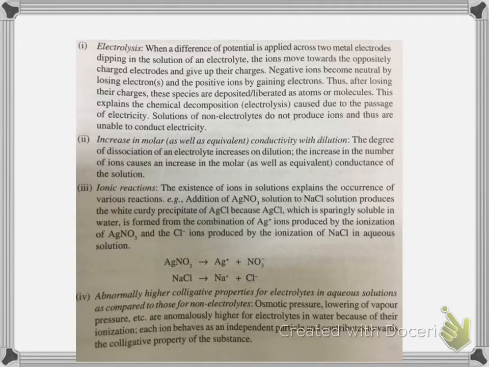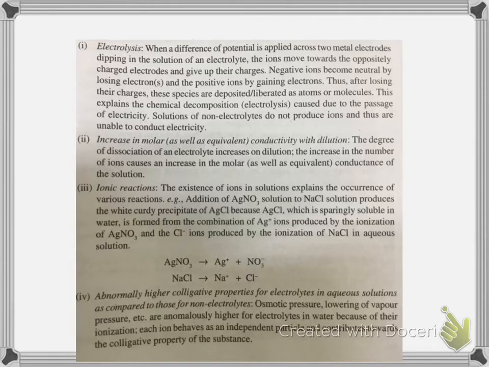First one, electrolysis. According to Arrhenius, when an electrolyte is added in water, it splits into positively and negatively charged ions. They move in solution towards the oppositely charged electrode when we apply a potential difference in the solution using suitable electrodes.